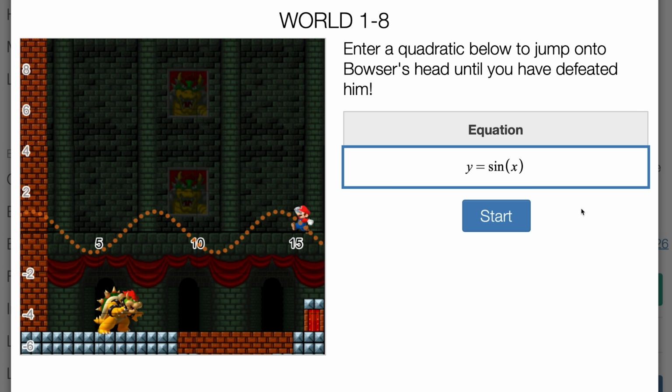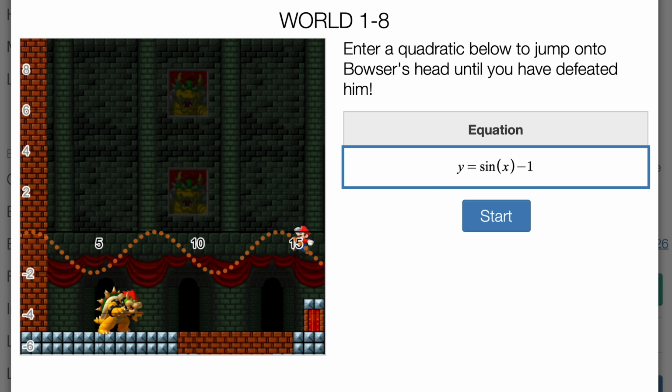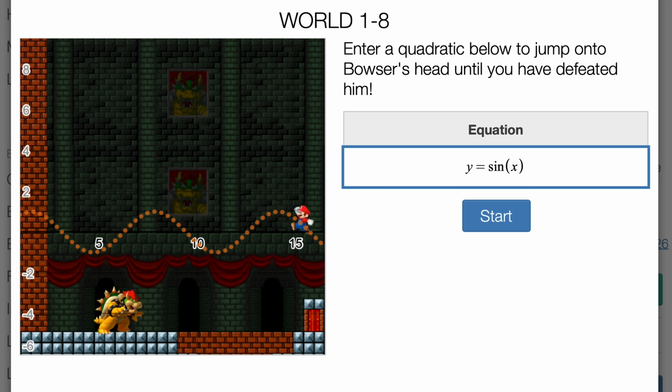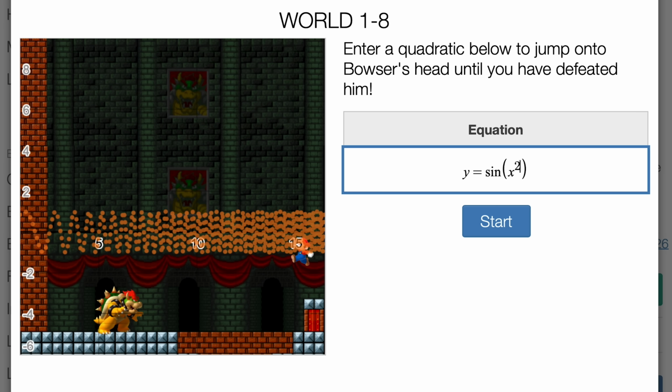I don't really know how to change the sine function, but obviously, if I just subtract 1, oh, that moves it down. Okay, perfect. Wait, what about the sine of x squared? What does that look like? Oh, yes. Okay, this is going to be good. I'd like to rotate it.